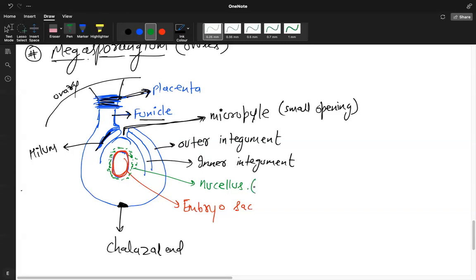So nucellus has abundant food reserves to provide to the embryo sac for nutrition. Okay, now one thing that you should keep in mind.